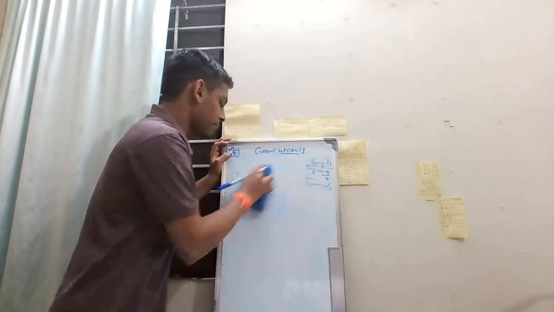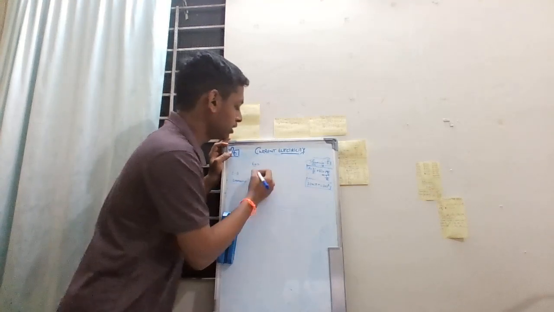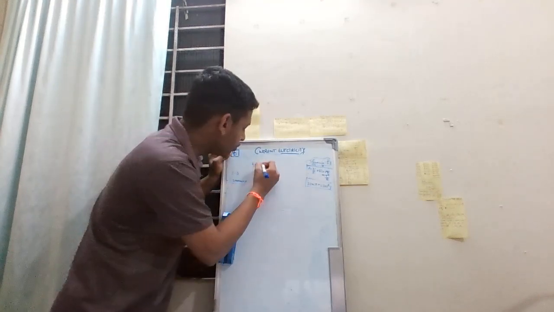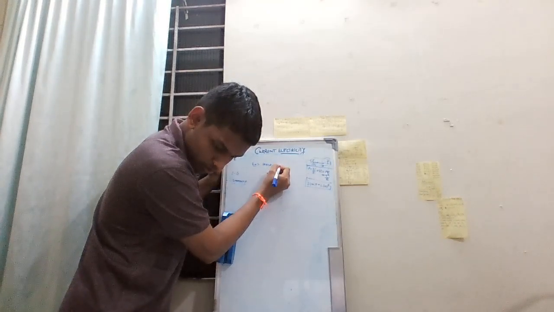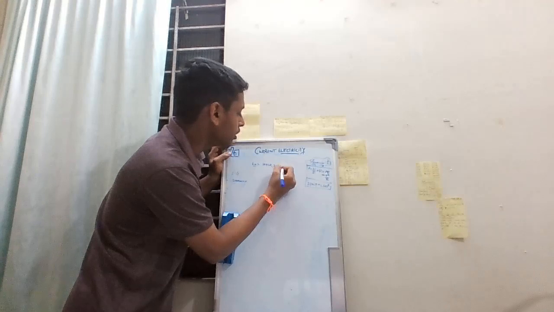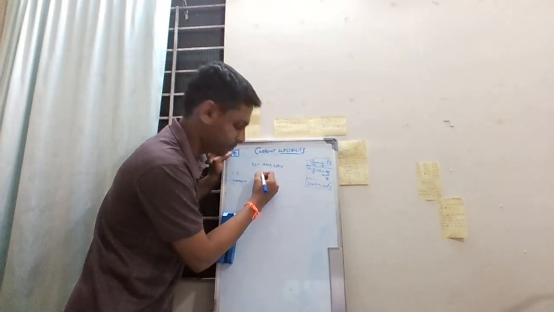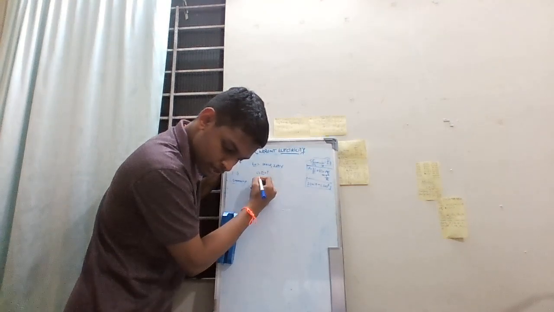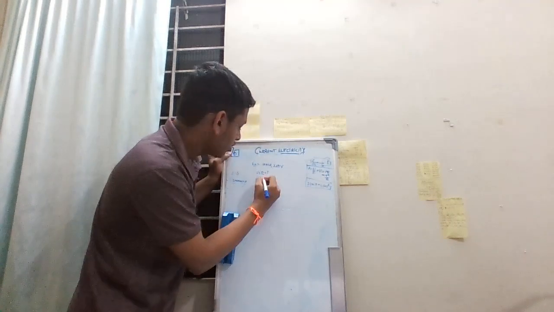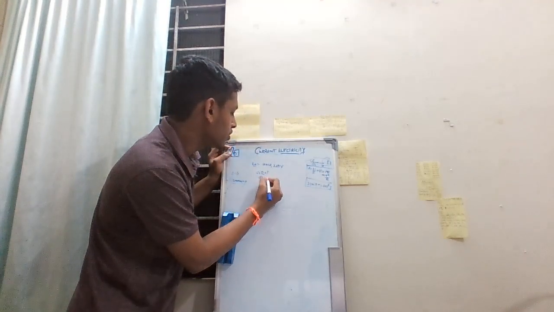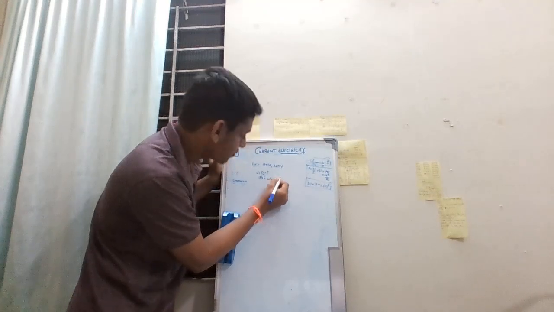First off, we have an example where a light bulb rated 100 watts and 220 volts is given. We have to find its resistance, and we have to find its current when voltage is 110.